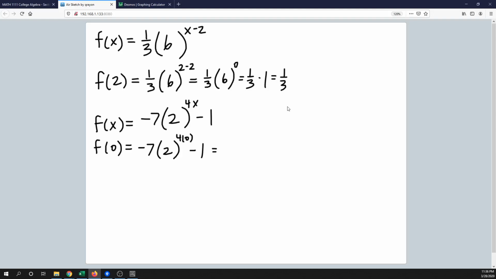So that's going to be -7 times 2 to the 0 power minus 1. Remember the order of operations: you would do the exponent part first, before these others. So 2 to the 0 power is just 1. Then -7 times 1 is -7. And then -7 minus 1 is -8.